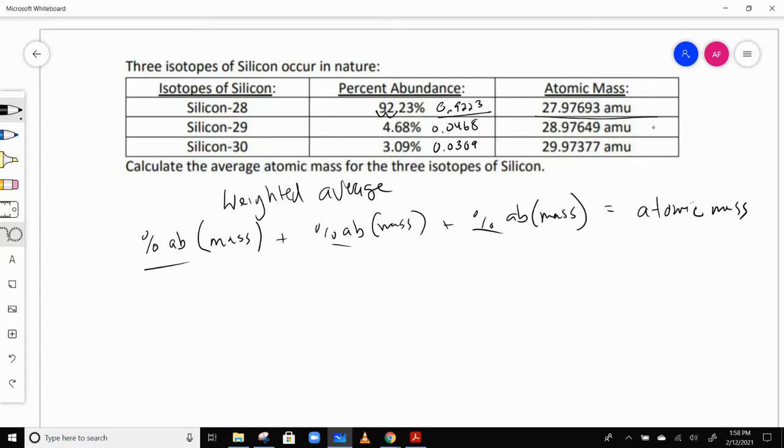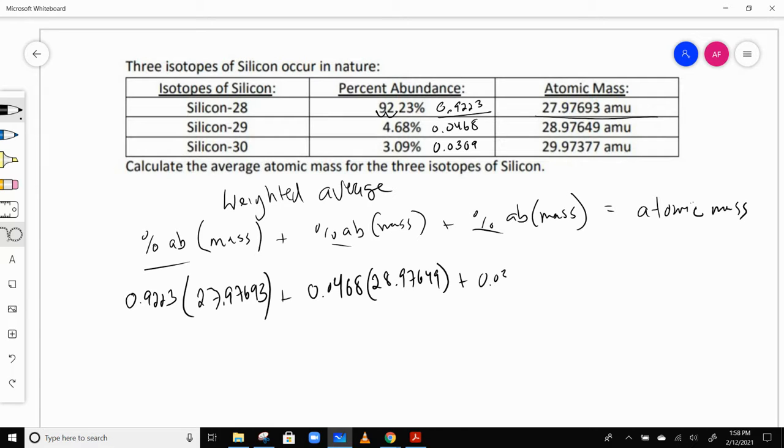So here we have 0.9223 times the mass, 27.97693, plus the other one, 0.0468 times 28.97649, plus 0.0309 times 29.97377.